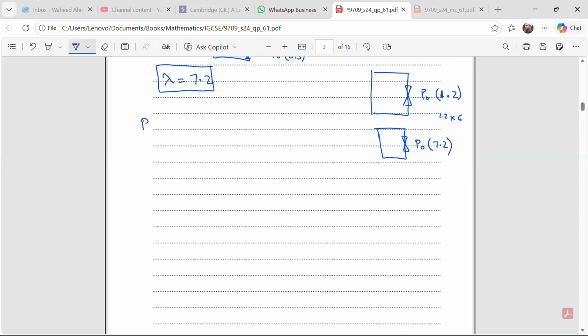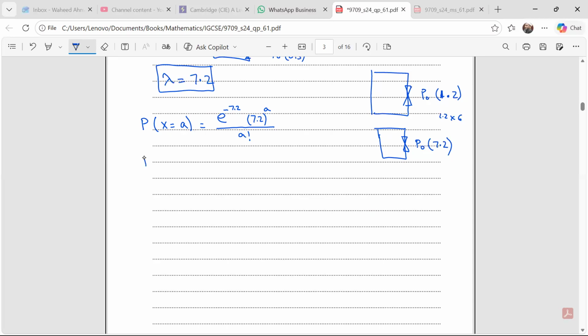The probability that the number of passengers is equal to a is e to the power minus 7.2, times 7.2 to the power a over a factorial. This gives the probability that a passengers will come in this 1 minute interval from all these combined four entrances.